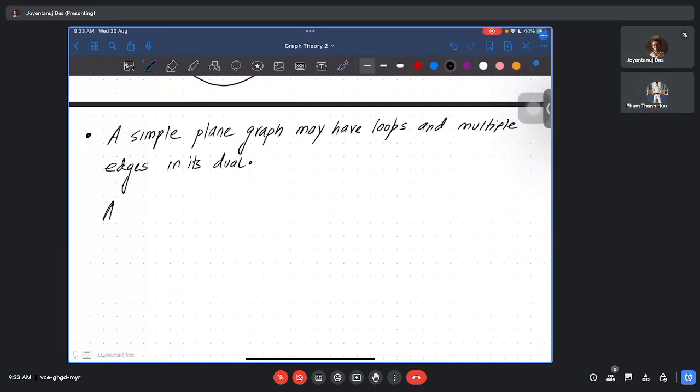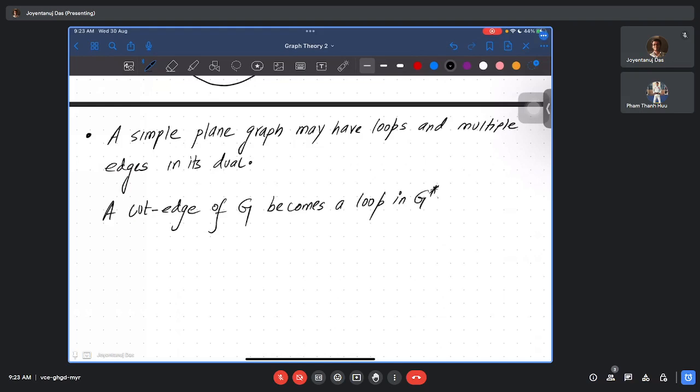A cut edge of G becomes a loop in G star. G star is the dual.